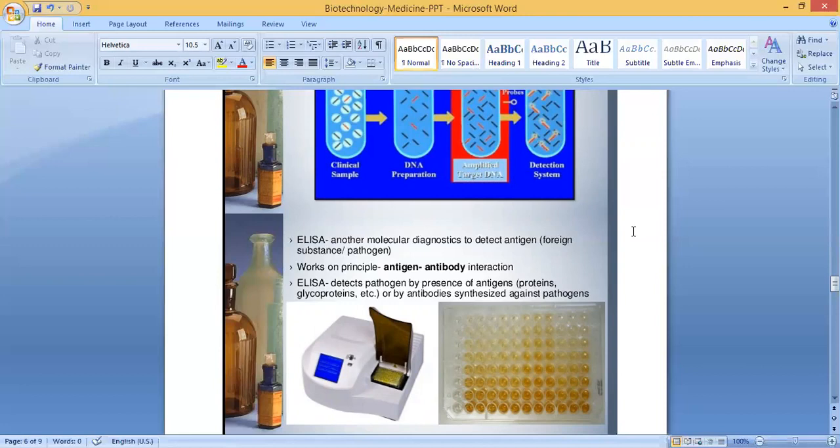In the early stages, ELISA detects the pathogen by the presence of antigens at very low concentration, but in late stages the content in the blood becomes more. We use these molecular diagnostic methods, even PCR, always to find disease in the early stages.